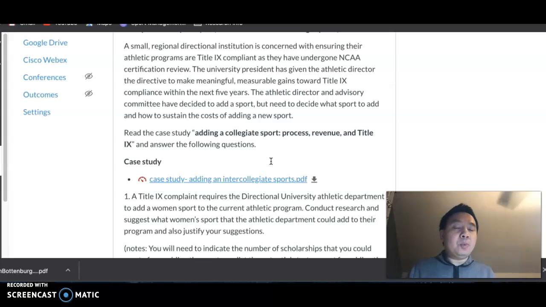Those are the sports that were recommended by the local high school and also the female students in that university. So before they made the final decision, they had to calculate how many scholarships each sport can bring in and how much cost is associated with adding that particular sport.